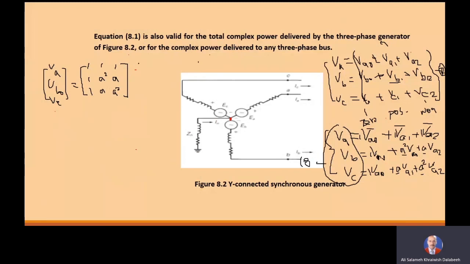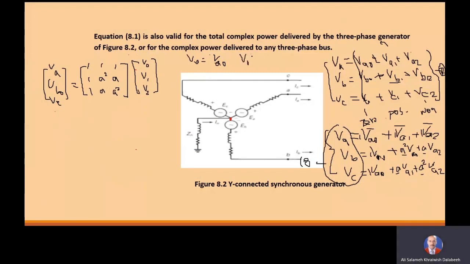Multiplied by a column vector of VA0, VA1, VA2. Let us write V0, V1, V2. V0 denotes VA0.